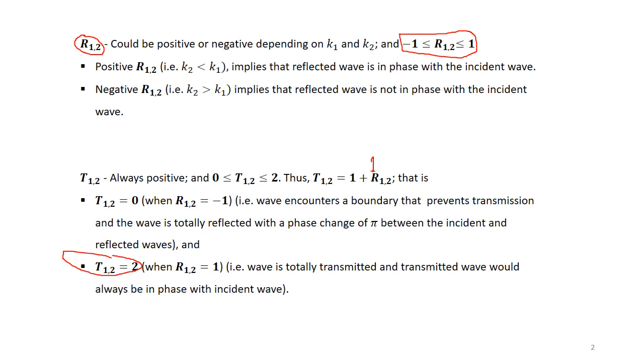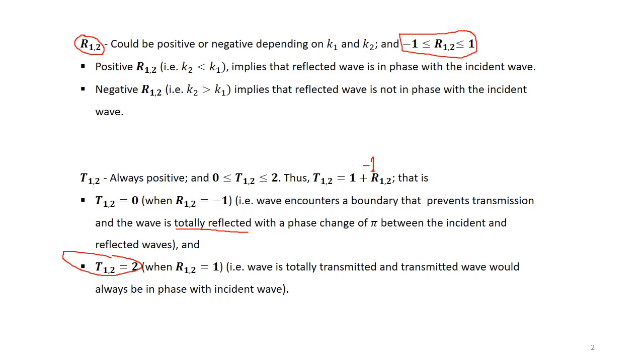But when R is negative, -1, then your T1,2 will be 0. And what does that mean? That means there is no transmission at all. The wave will not penetrate the boundary. The wave is totally reflected with a phase angle of pi, 180 degrees, between the incident and the reflected waves.